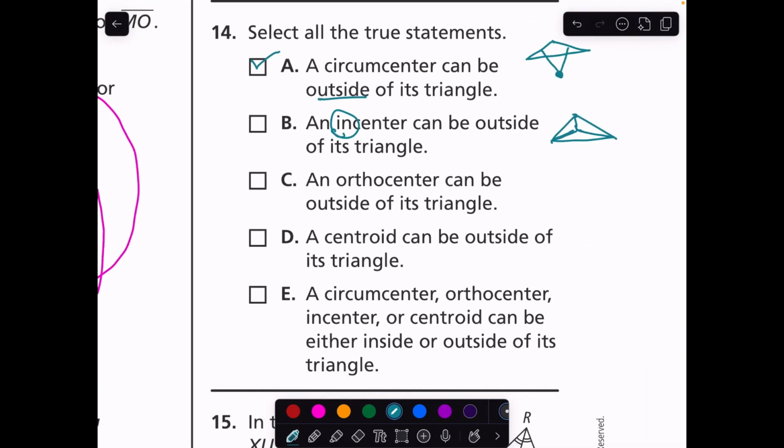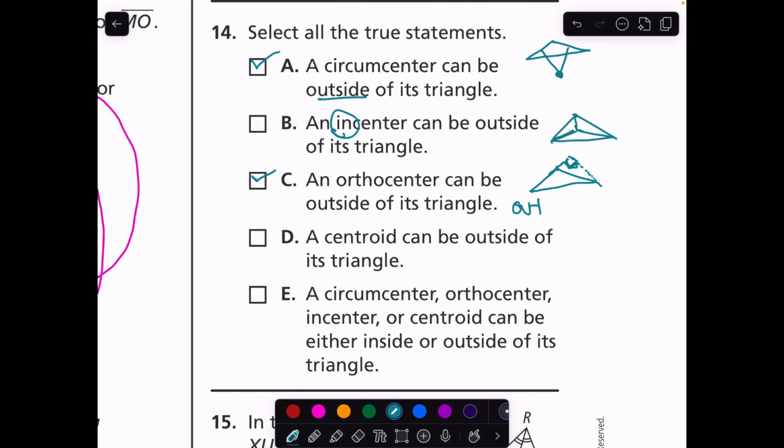The orthocenter, I'm going to do the same one that we just had. If we did the altitude of this one, it would have to be outside. Oops, it's supposed to be a right angle. Outside the triangle right there. And so all the other ones would have to meet out there also. That could be out. It's not always out, but it can be.